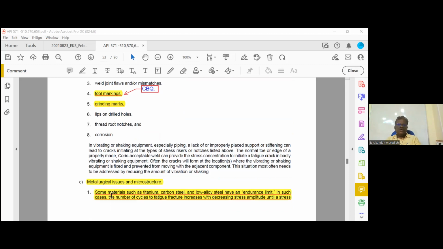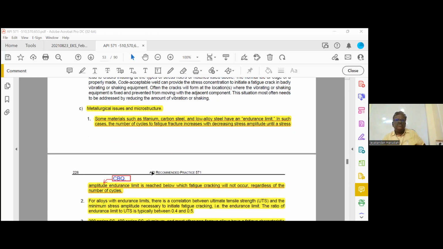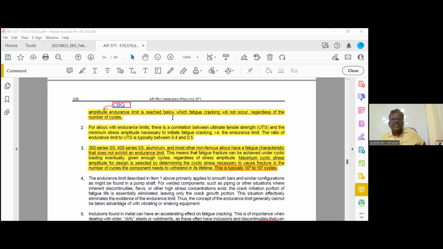Then metallurgical issue, last slide, same page. Some materials such as titanium, carbon steel, and low alloy steel have an endurance limit. In such cases, the number of cycles to fatigue fracture increases with decreasing stress amplitude until the endurance limit is reached, below which fatigue cracking will not occur regardless of the number of cycles.